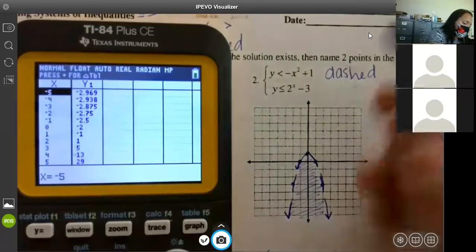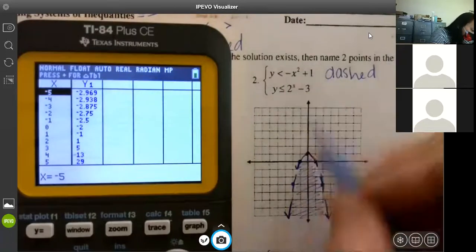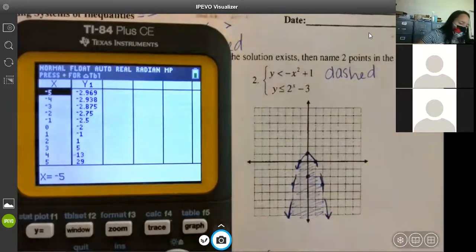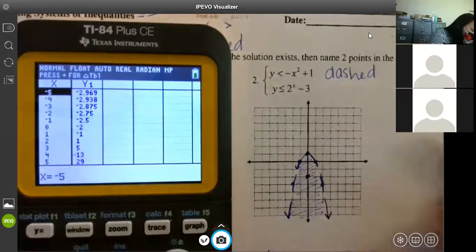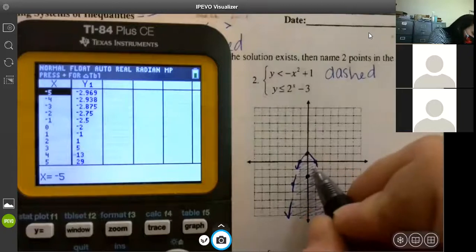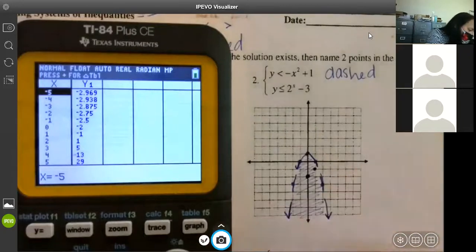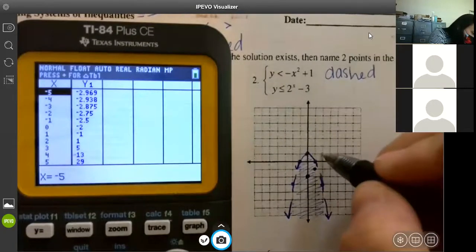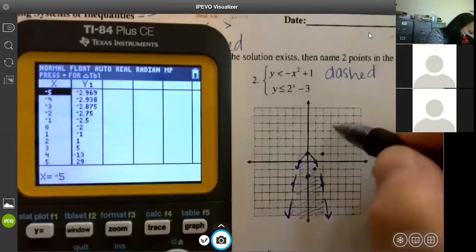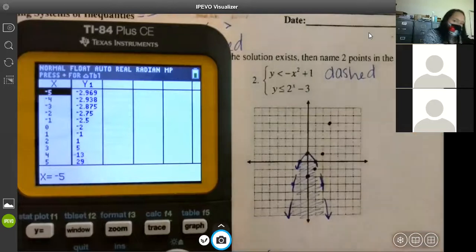I have 0, -2. Let me do it in black. I have 1, -1. I have 2, 1. I have 3, 1, 2, 3, 4, 5. As good as it's going to get this way.